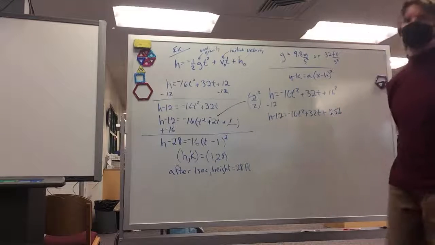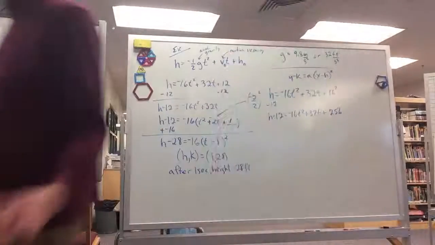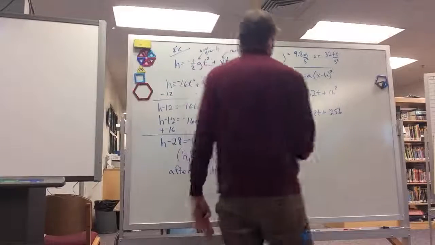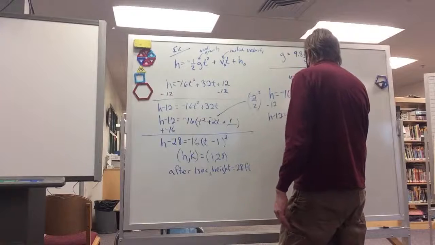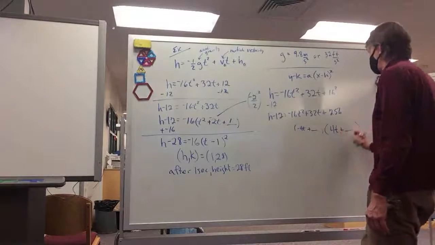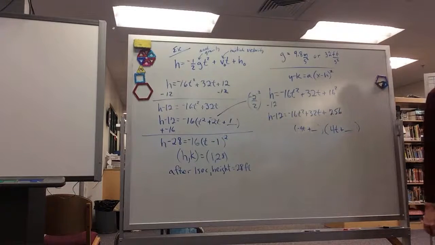And then you look at this and you say, hey, now I got to factor it. And if you don't use pulling out a common factor, factoring that ends up being a challenge, because what you're going to have is you're going to have a negative 4t plus something, and then you're going to have 4t plus something, and it gets really big with numbers.